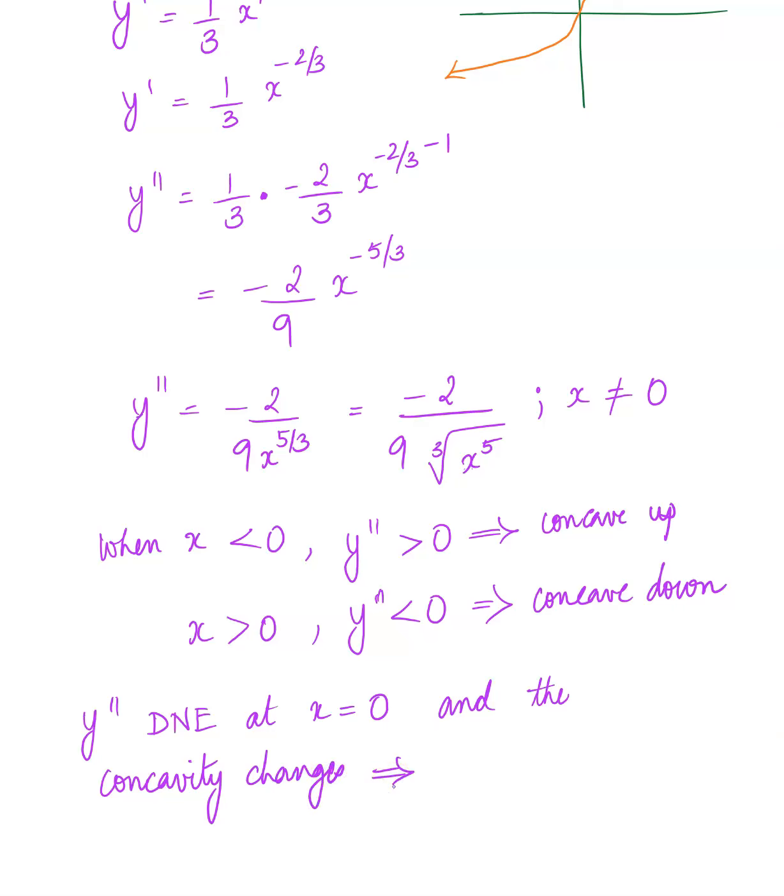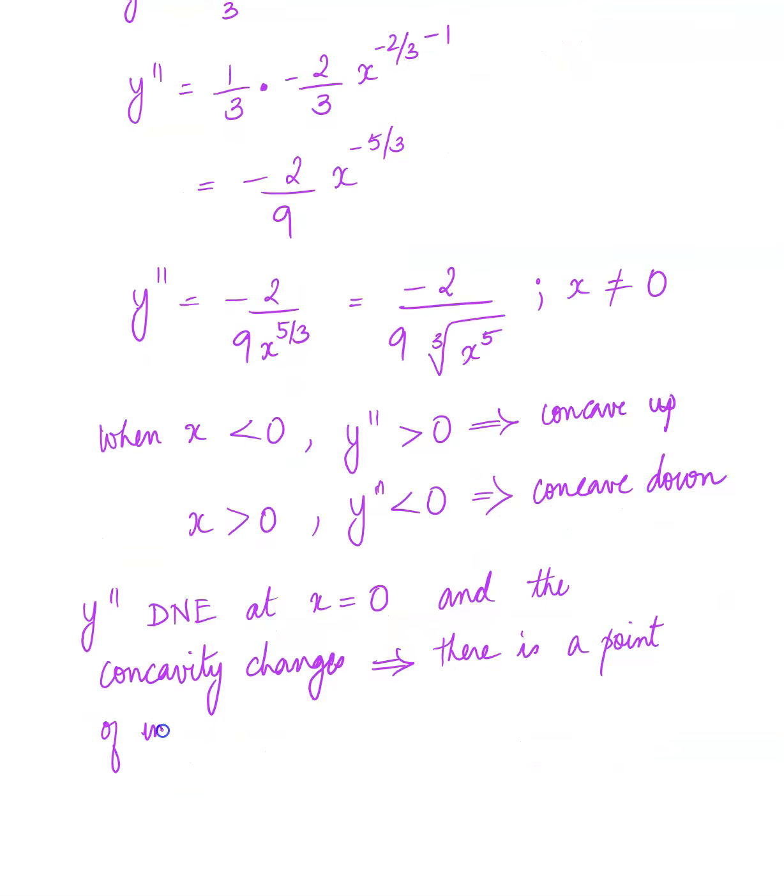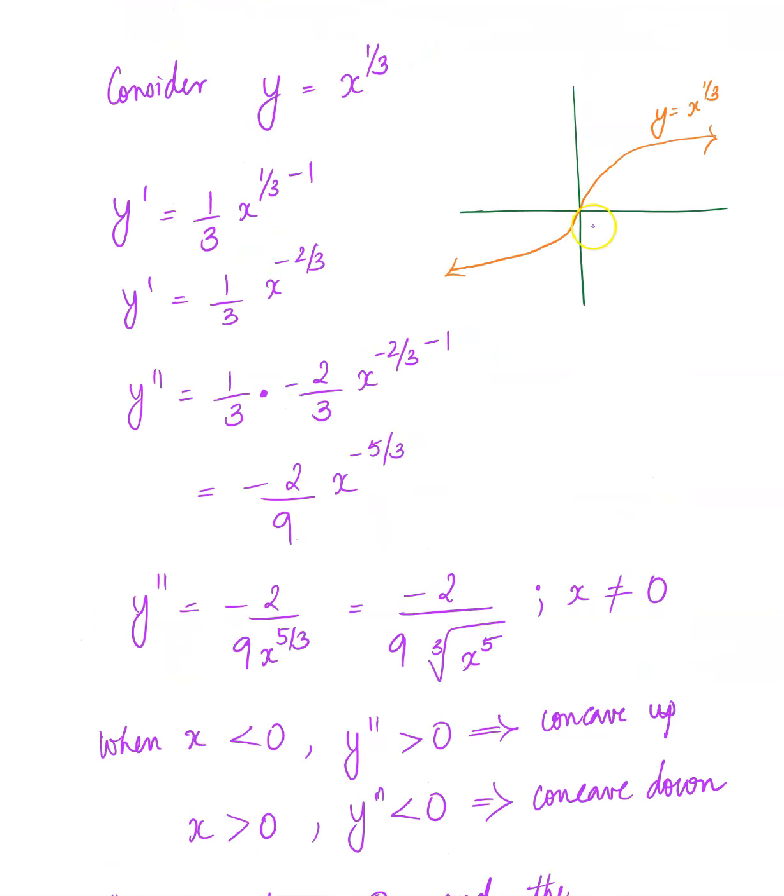This implies there is a point of inflection at x equals 0. So coming back to the graph here, that's the point of inflection, because there is a vertical tangent, right?